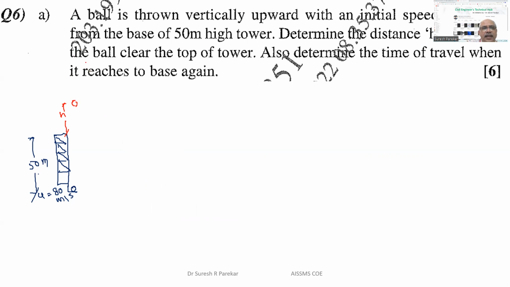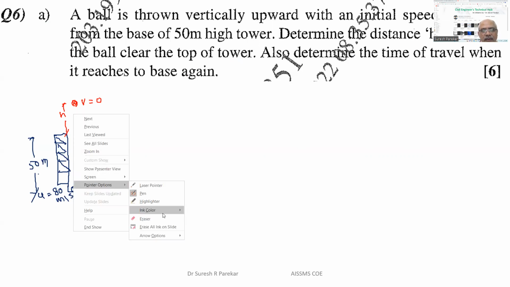Determine h by which the ball clears the top of the tower. So the final velocity will be 0, because they have mentioned h by which the ball will clear the top of the tower. It means we are interested in the maximum height, and therefore v equal to 0, and we have to find the value of h.